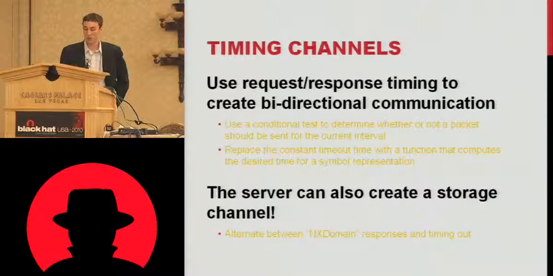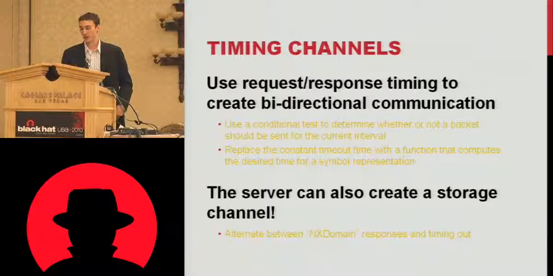Now, for bidirectional communication, the first technique you can use is timing channels. You're able to use a conditional test to determine whether or not a packet should be sent for a current interval, or once again, you can replace in that set timeout call where I had set timeout every second, you can replace that second with a function that generates how long a timeout should be to represent some symbol that you're wanting to send out.